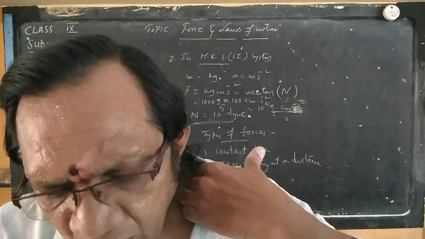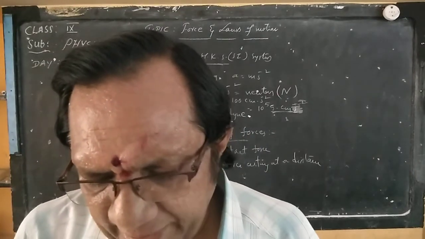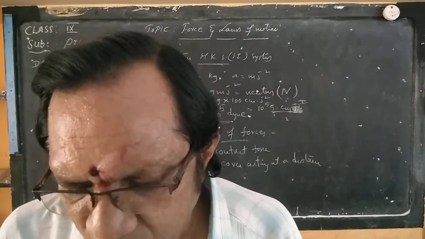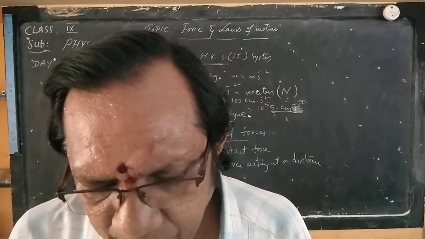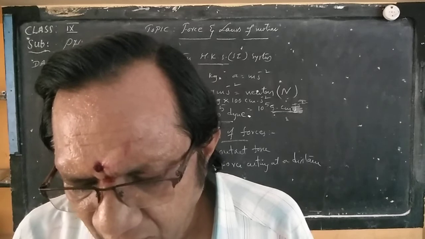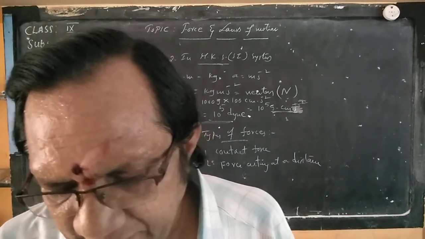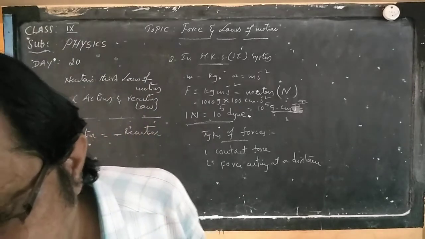For example, a gun. When a gun is fired, the gun applies force on the bullet and hence the bullet moves forward. According to the third law, the bullet also applies the same force on the gun in the opposite direction. This force gives a back kick to the gun.